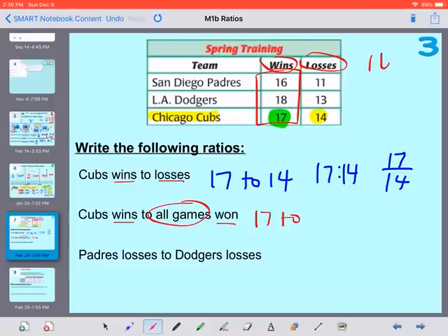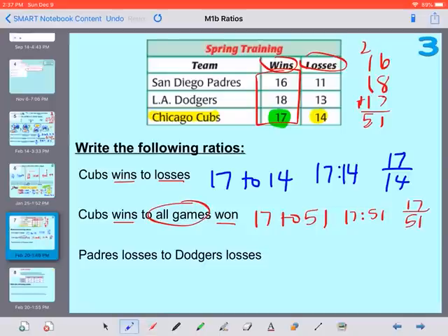So 16, 18, and 17, we're adding those up. 6 plus 8 is 14. 14 plus 7 gives us 21. And then 2 plus 1 plus 1 plus 1, 2, 3, 4, 5 should give us 51. So 17 to 51. It doesn't say to write all three ways, but we can do it.